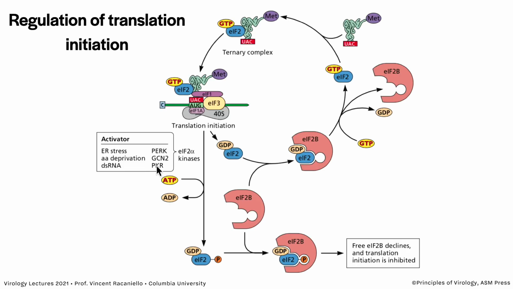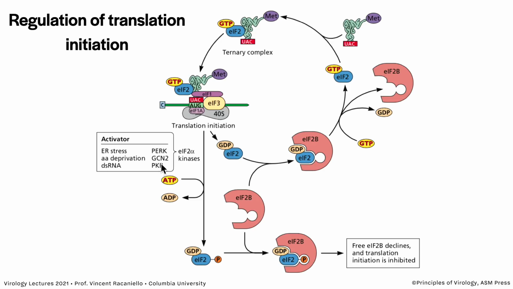And then there's another eIF2 alpha kinase called PKR. That stands for protein kinase RNA-activated. It's activated by double-stranded RNA, which is made in virus-infected cells. Typically, cells do not have double-stranded RNA in them, only when they get infected. So that's kind of a sensing for virus infection. So PKR is activated.